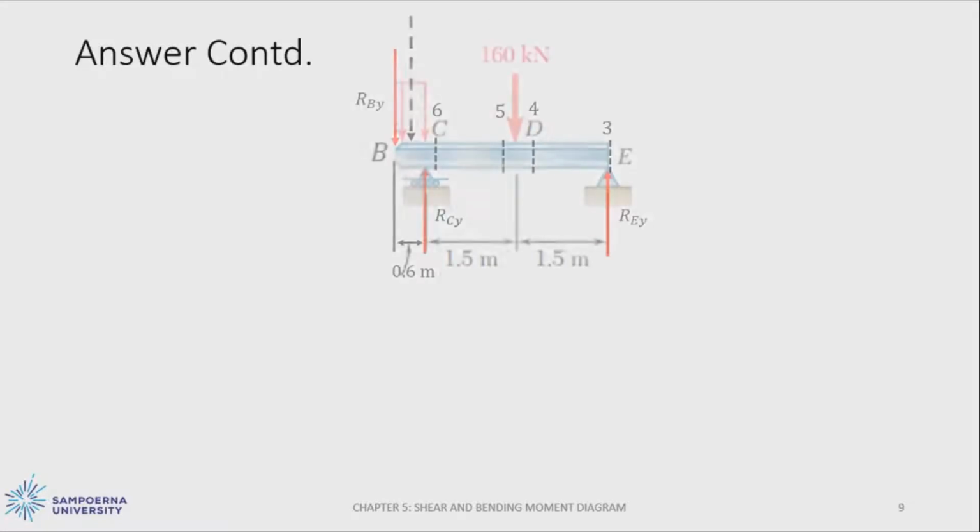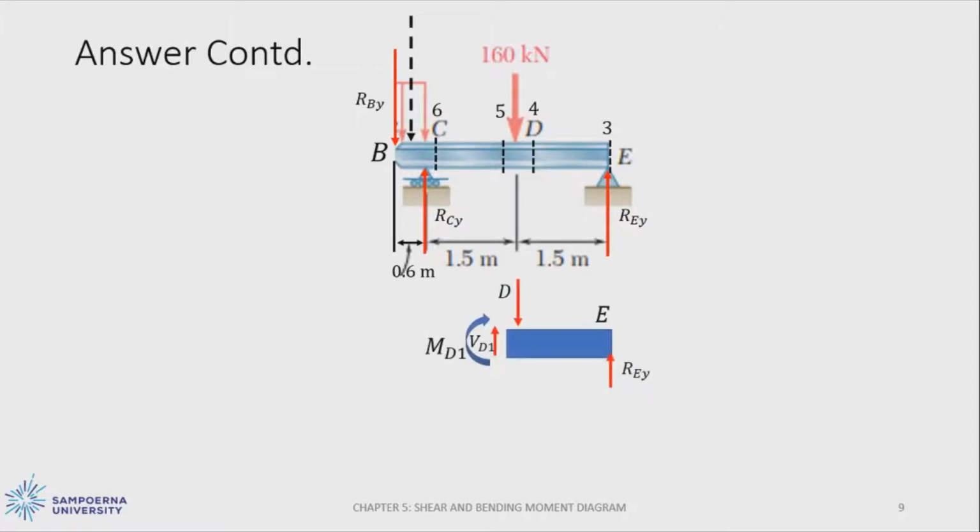And then we continue to create the partition. Now we have the fifth partition and the sixth partition, where it is on the left part of point D, or we call it as a VD1, and it is on the right side of point C, and it is called as VC2.